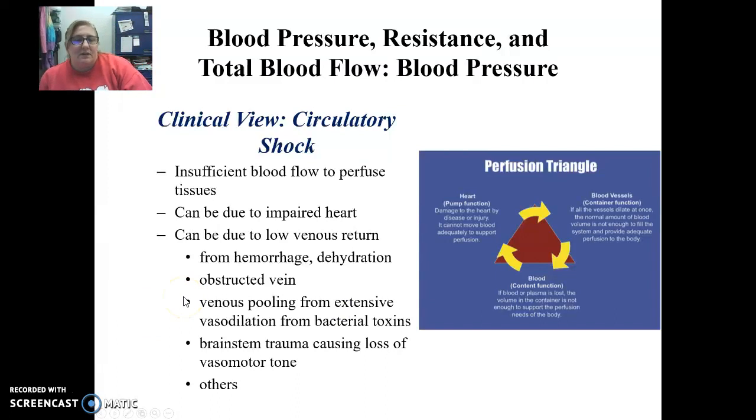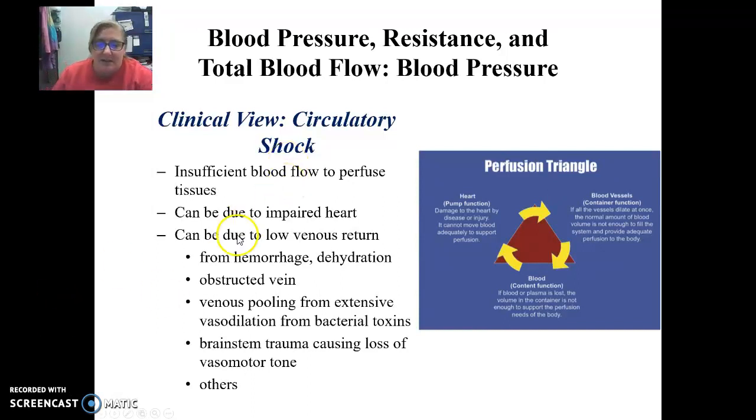Another disorder associated with blood vessels, actually, this is really with all three parts, the blood vessels and the heart, is circulatory shock. This occurs when one of the three important parts of the cardiovascular system is no longer functioning.